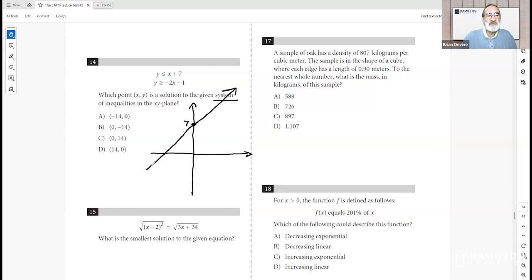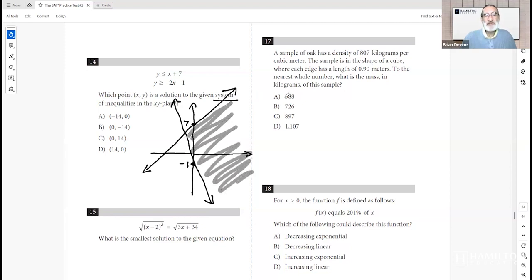So there's the first line. And then a y-intercept at negative 1 and a slope of negative 2. So there's the second line. I've got to be below the first line, but above the second line, which means I'm going to be, let me get a highlighter. That's not a highlighter. There's a highlighter. I'm going to be over in this area, below the line with positive slope and above the line with negative slope.